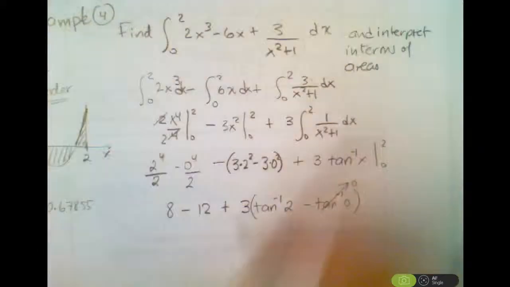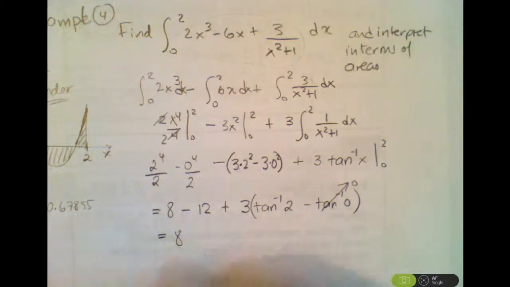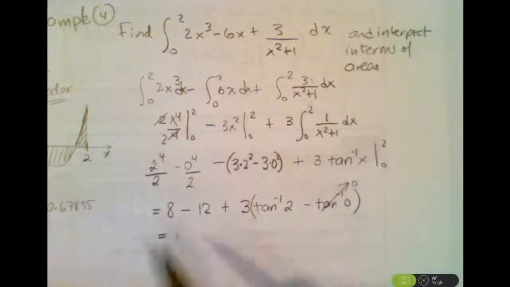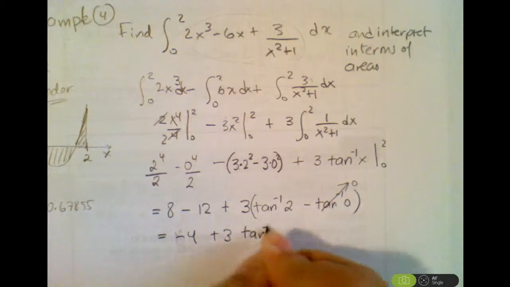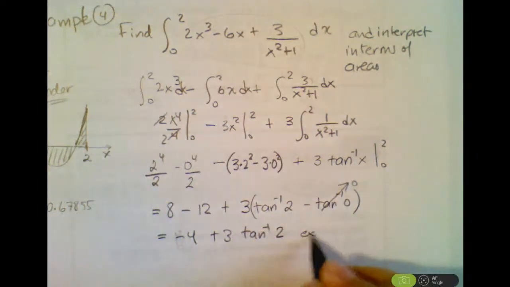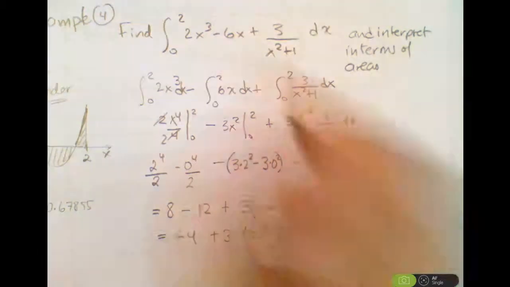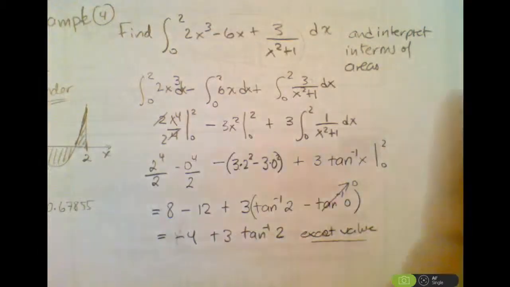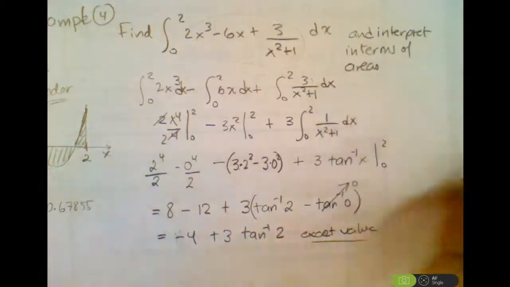so the actual value of this definite integral is 8 minus 12, which is negative 4, plus 3 arctangent of 2. Now this is the exact value, and that will be the end. If this was a function about something else in particular and you needed some approximation, then you need a few decimals. 4 or 5 are fine.